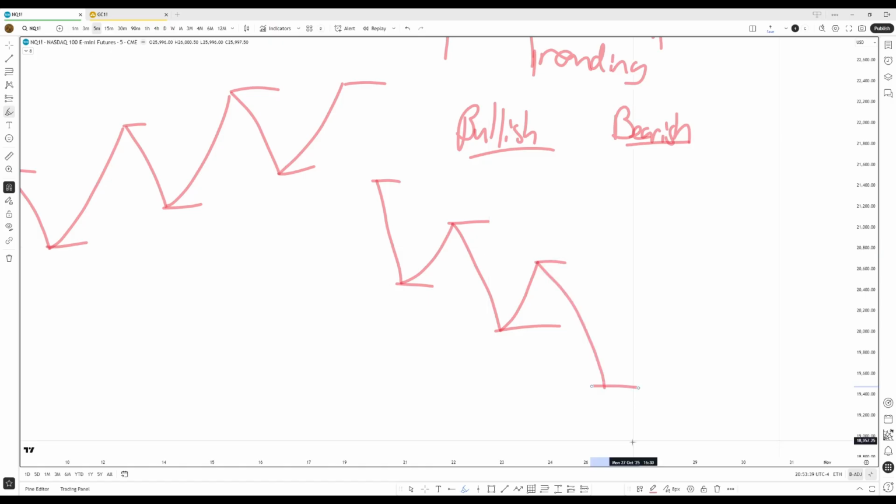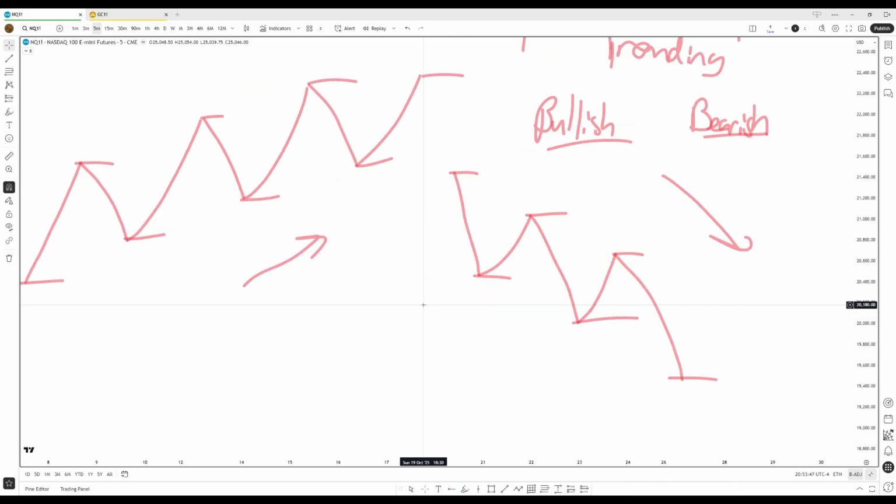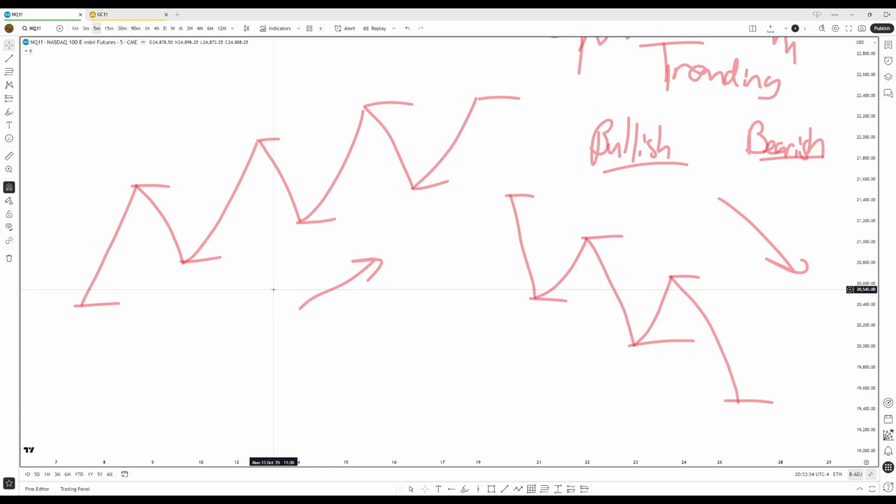High, low, so that's bearish. This is bullish. Now, this is rough schematics, too perfect, but roughly that's the idea.